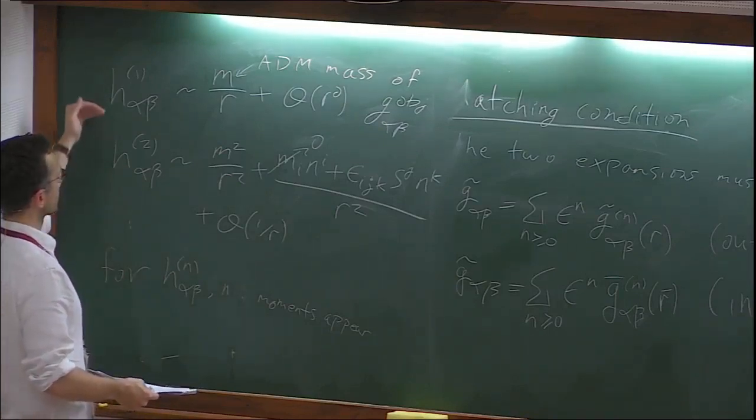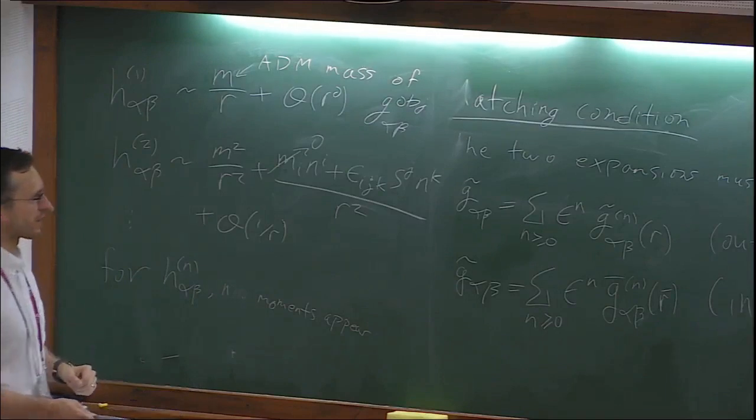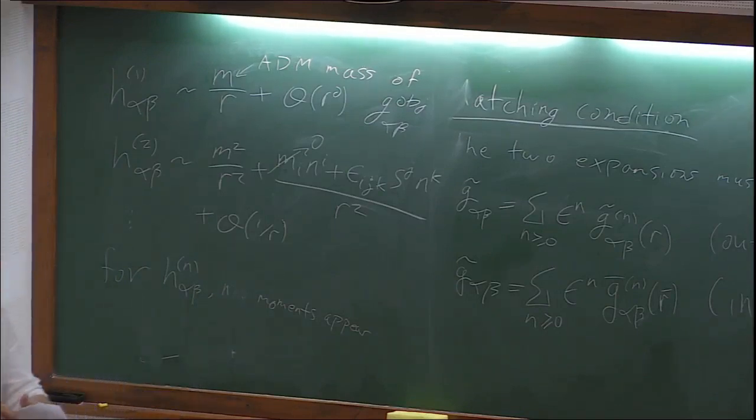So in each order, you introduce a new set of multipole moments. What this means is, as you go to higher order in perturbation theory, you effectively see more structure of the small object. At leading order, you just see the mass. At the next order, you start to see spin and displacement of the mass away from the center of your coordinate system. Next order, you start to see quadrupole moments. Then you see octupole moments. The higher order you go, the more structure you see of the object.